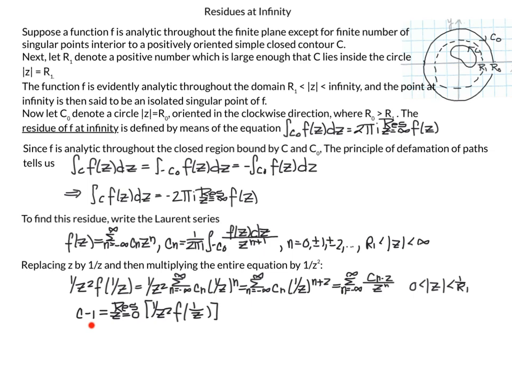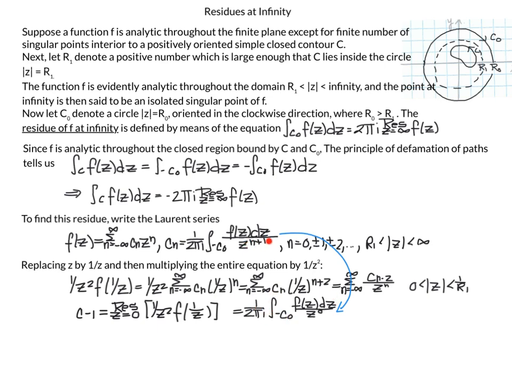Because I am interested in the coefficient of the minus 1 term, in other words, when n over here is equal to minus 1, I'm interested in c sub minus 1. So for c sub minus 1, I have 1 over 2 pi i, integral over minus C naught of f of z dz.